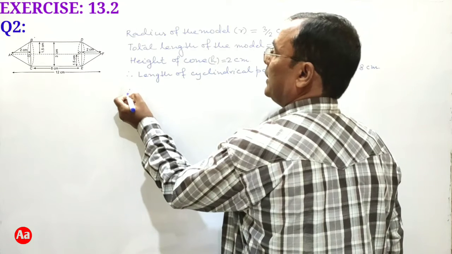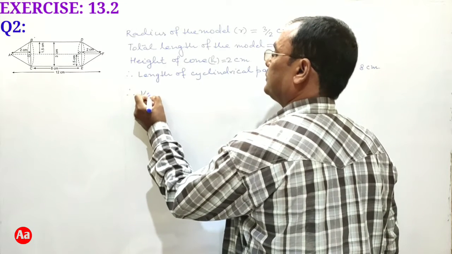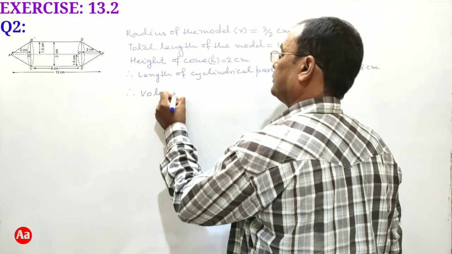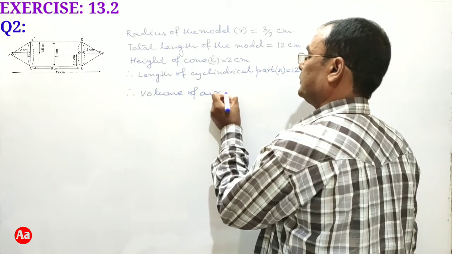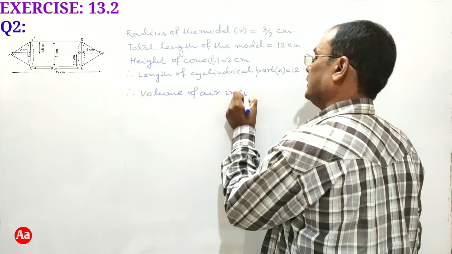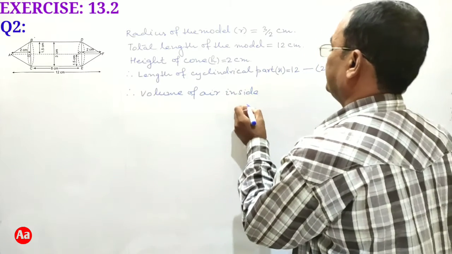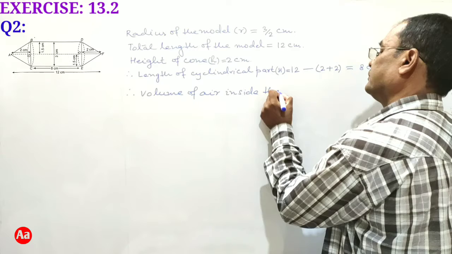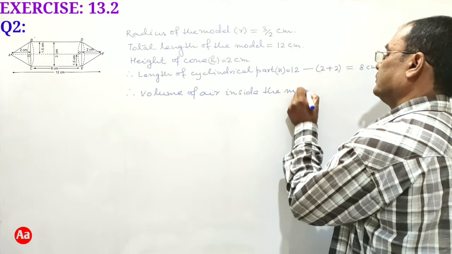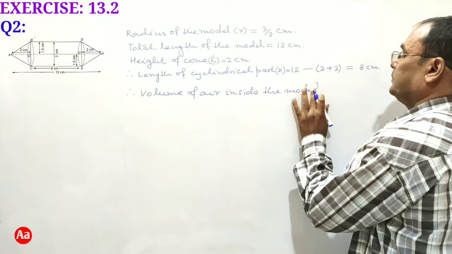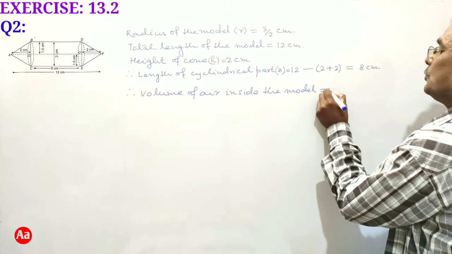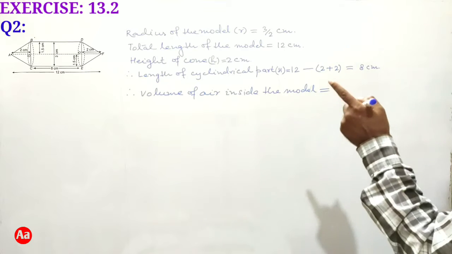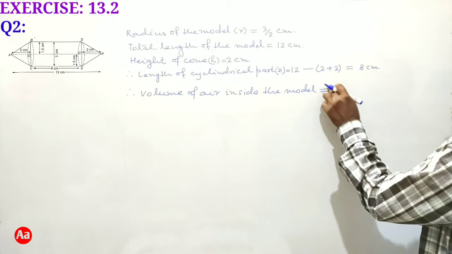So volume of air inside the model is equal to volume of one conical end.